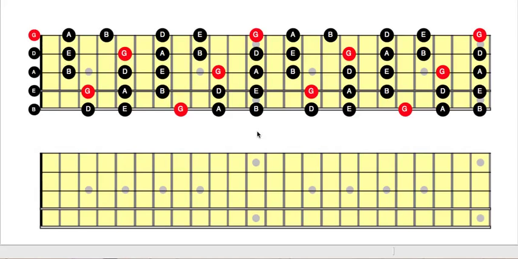In this episode, we are meeting to discuss the fourth mode of the major pentatonic scale, the G major pentatonic scale. What we're going to do is look at the fourth mode.